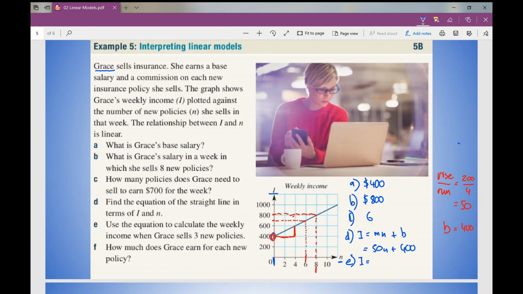So we do 50 times 3 plus 400. Her income that week would be $550. And then question F, how much does Grace earn for each new policy? Well, every time N is increased by 1, she earns an extra $50.